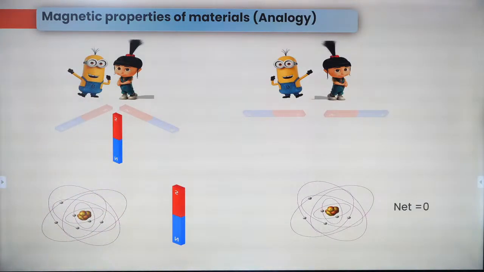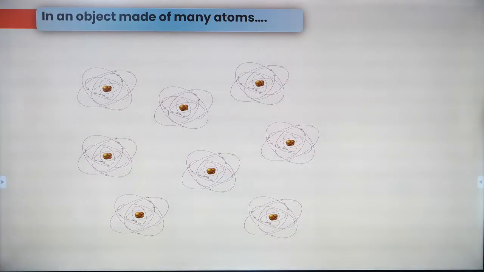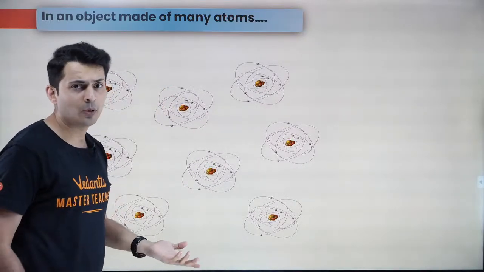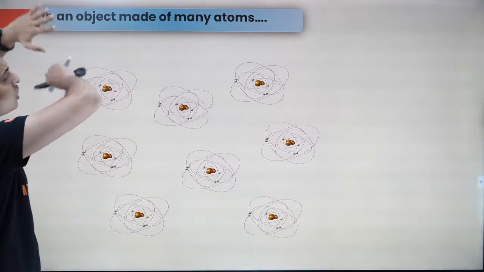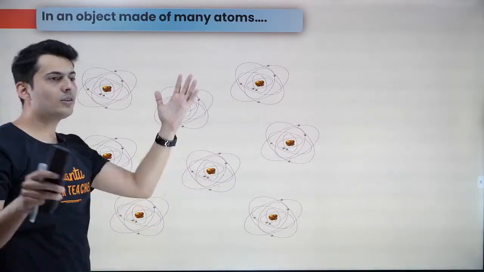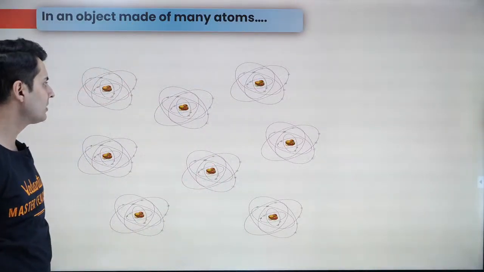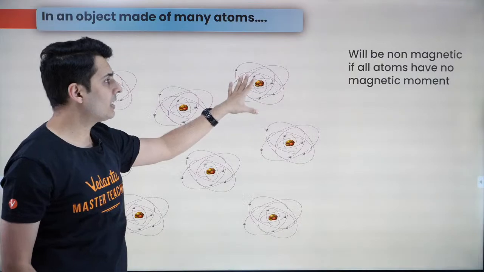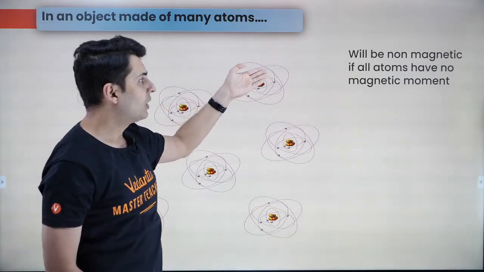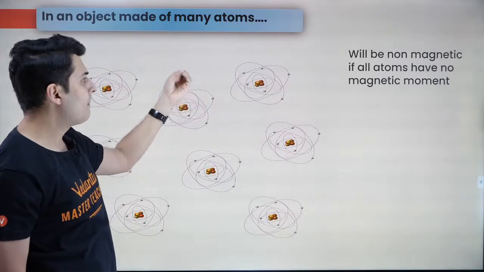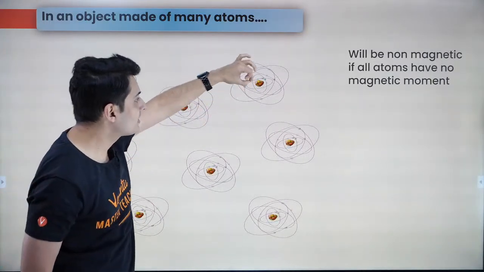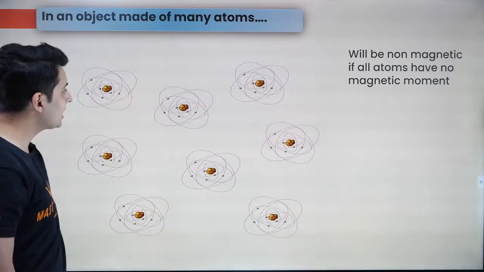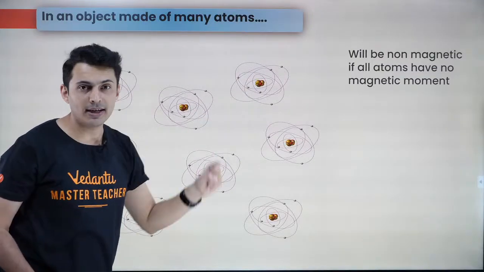Very, very important. Now just imagine each atom, it may or may not have magnetic moment, and in an object there are so many atoms, millions, billions, trillions of atoms. There are multiple possibilities here. Possibility 1, each atom is not having any magnetic moment. Each atom has zero magnetic moment. Because each of them has zero magnetic moment, the object as a whole will behave non-magnetic in nature.